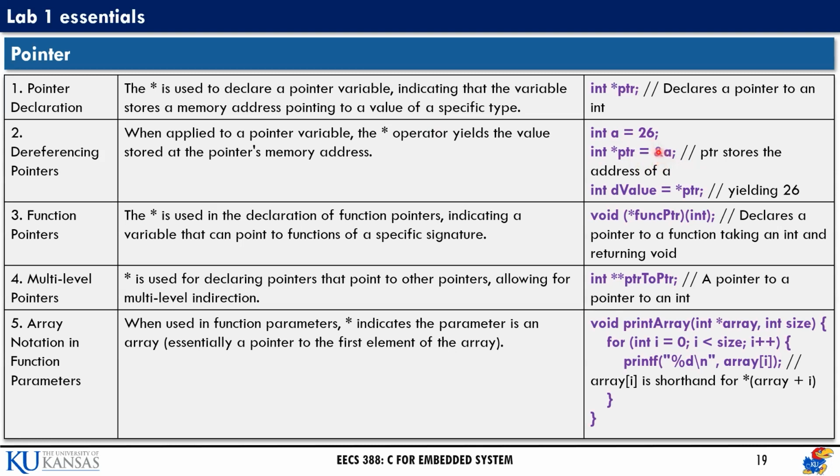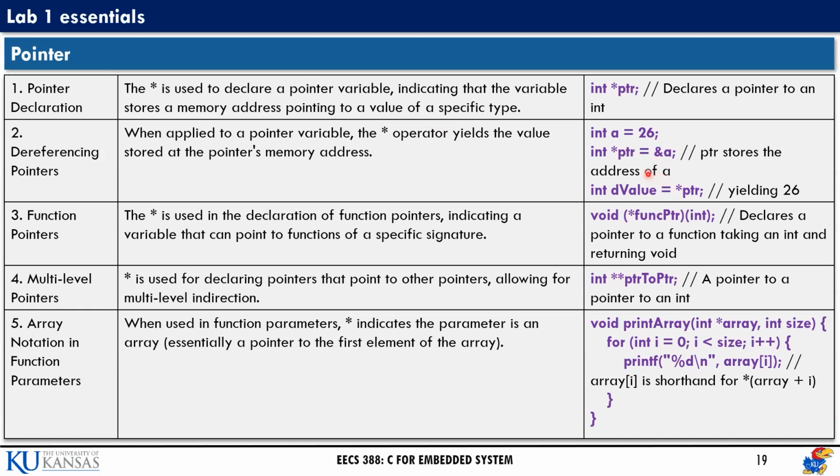This ampersand in C language has a special meaning other than the AND operation. Please don't get confused with these notations. If we use this ampersand before any variable, it basically means that we are trying to retrieve the location of this variable. So in summary, we are storing the memory address of variable a into the ptr variable.